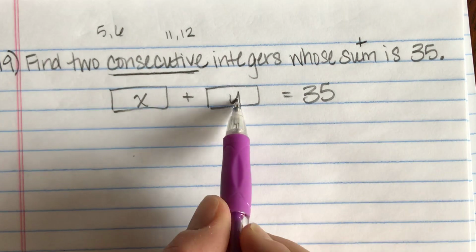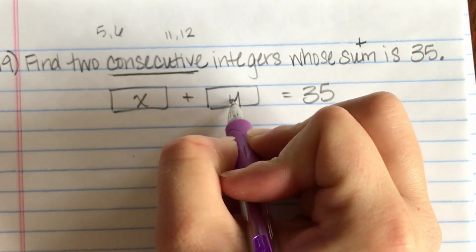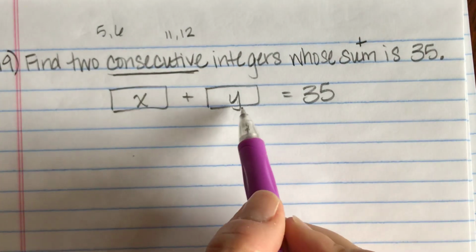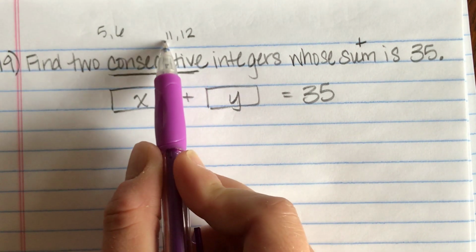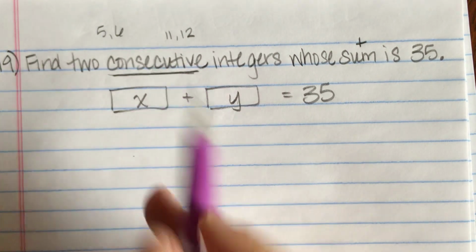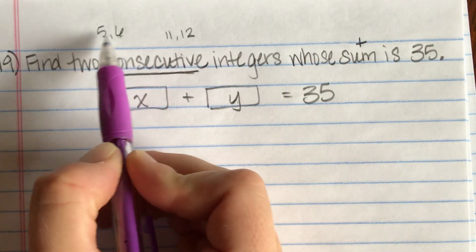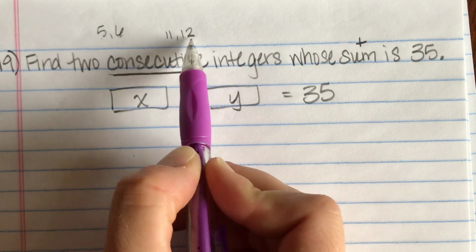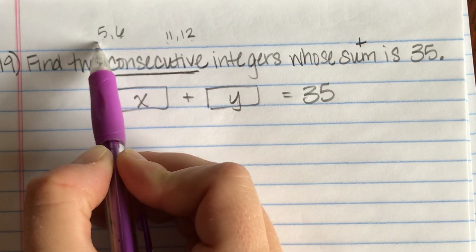But there is a relationship between these two numbers. It's not just two random numbers. In fact, this second number is always exactly one more than the first one. Do you see that? So if we're talking consecutive, then the second number is exactly one more than the first one. 12 is 11 plus 1. 6 is 5 plus 1.